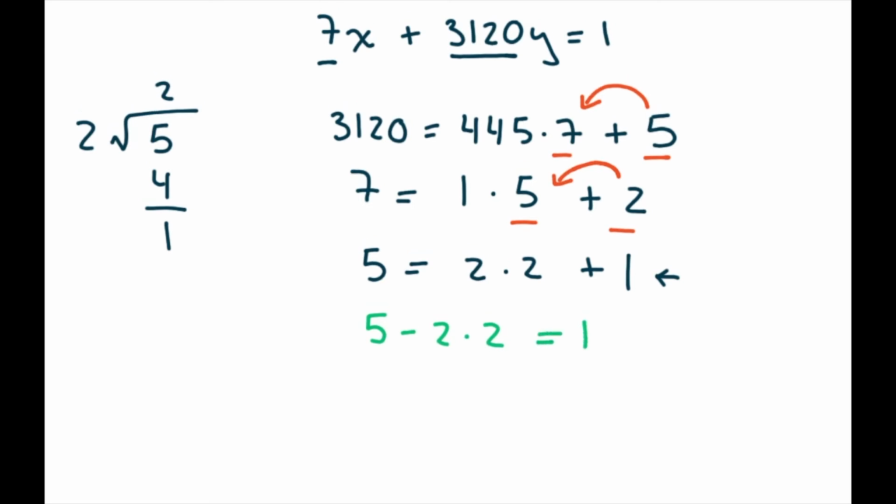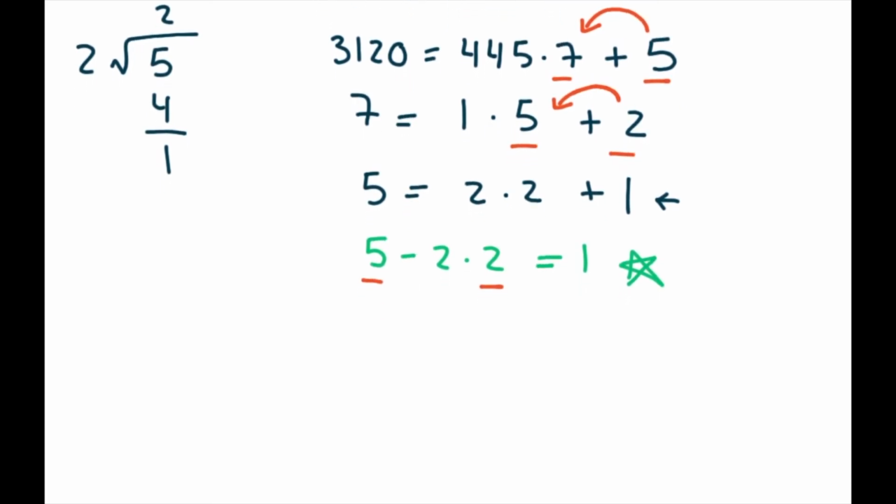And so from this equation, you're going to want to start substituting in values, namely values for your dividend and divisor, which in this case are 5 and 2 respectively. I'm going to first check where I got a remainder of 2. I can see that that's happening up here, where I have a remainder of 2 when I divided 7 by 5. I know that 7 is equal to 1 times 5 plus 2 is the same thing as saying that 7 minus 1 times 5 is equal to 2.